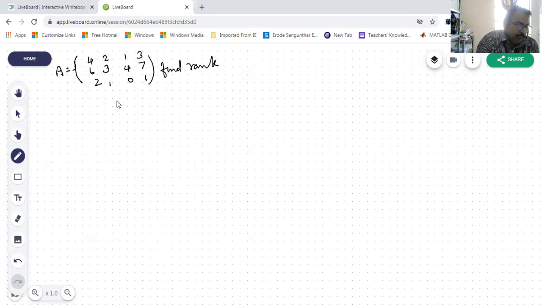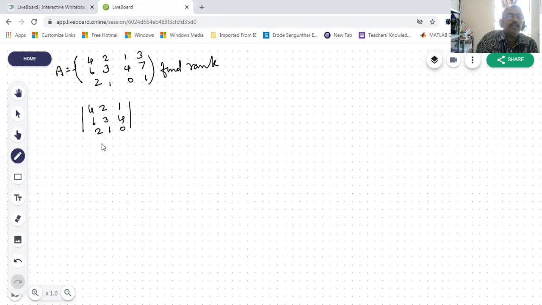Here, the first determinant is this one: determinant 4, 2, 1 and 6, 3, 4, and 2, 1, 0.